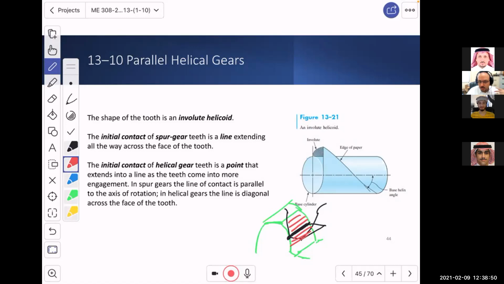And it just adds up, right? When you have two surfaces touching, it's different than when you have two points touching. That's why the noise is less with the helical gear, okay? And it's just one point of contact. And of course, these lines of contact are parallel to the axis of the rotation, while with helical gear, this is not the case.